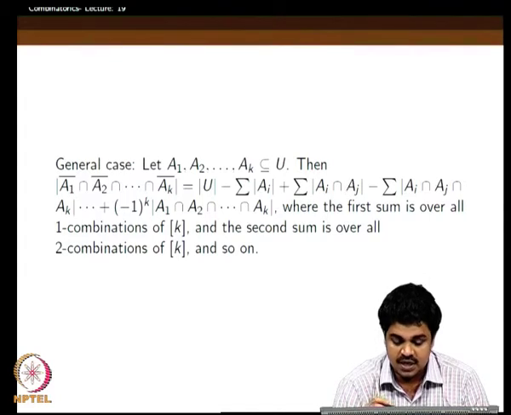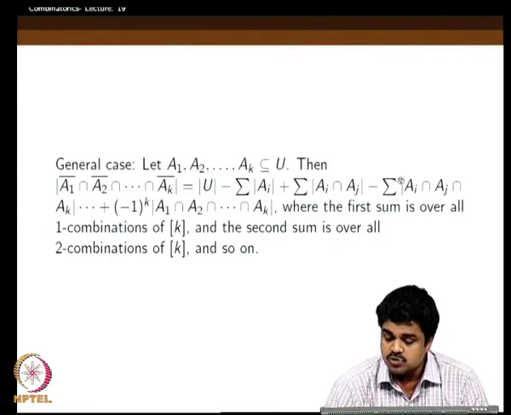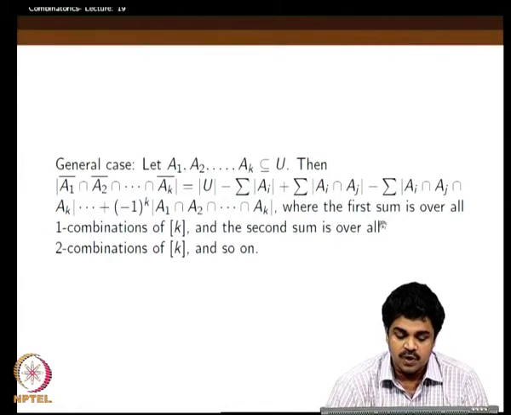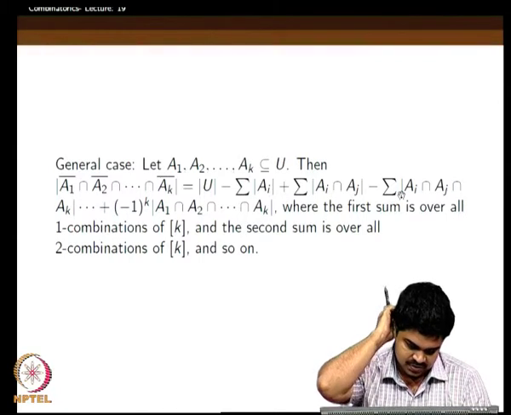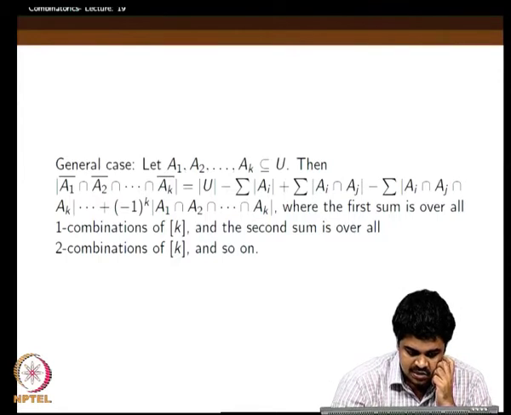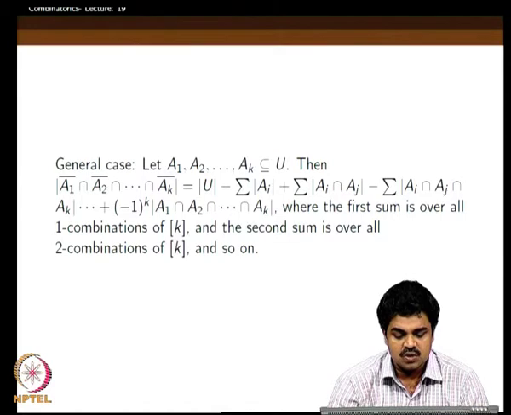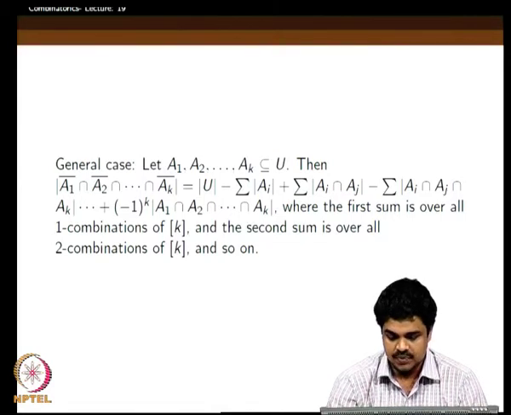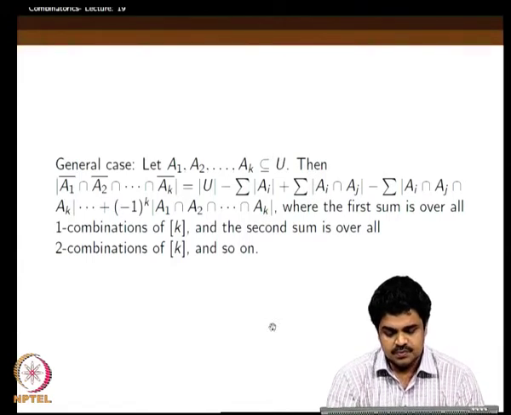There are k choose 2 such things. Then minus the sum over all possible 3 subsets of 1 to k, of the corresponding AI intersection AJ intersection AK, and then re-add. This plus or minus continues until the last term will be minus or plus, depending on whether k is odd or even, because it is alternating. That is the formula.